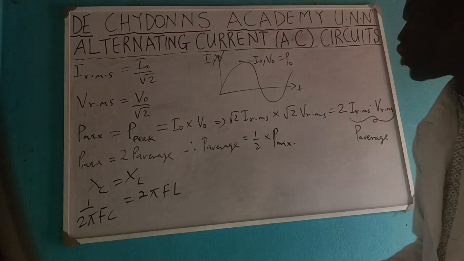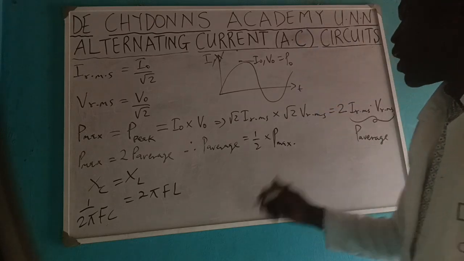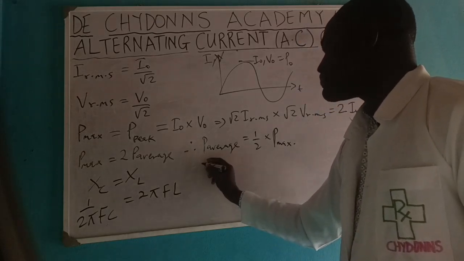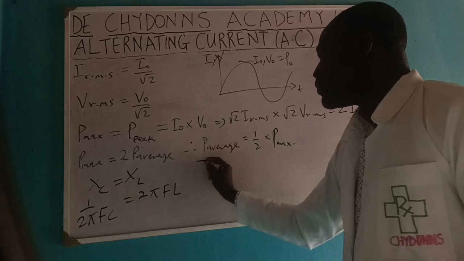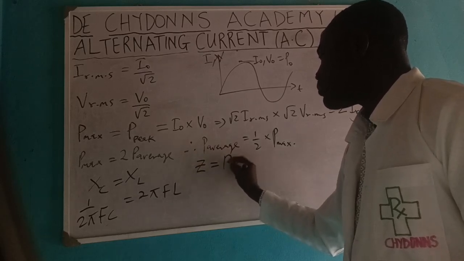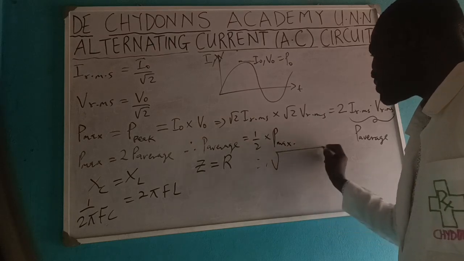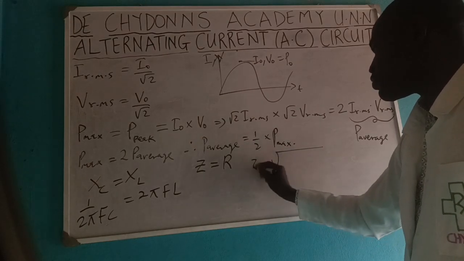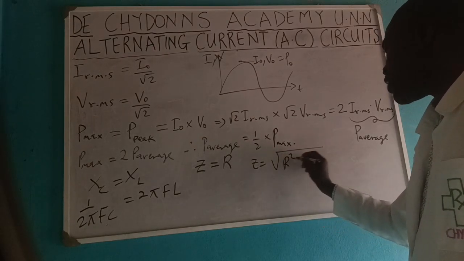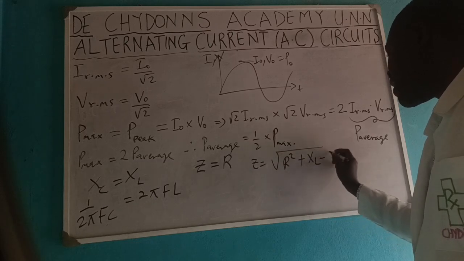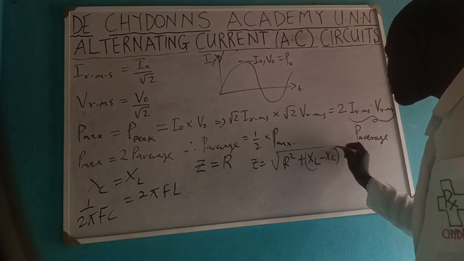Resonance can also occur when we say that the impedance is equal to the pure resistor. Yes, because we had a formula that says impedance is equal to the square root of R squared plus (XL minus XC) all squared.